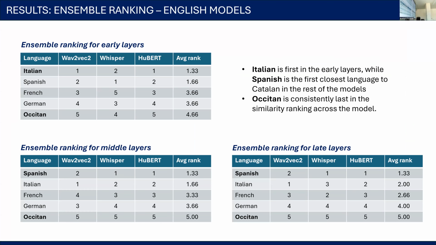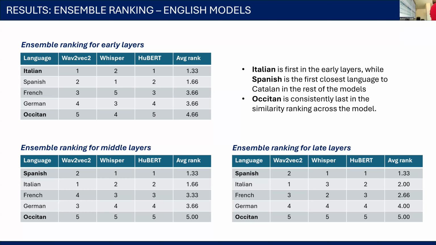So we divide the early layers, middle layers, and late layers. We see that in the early layers, the ensemble ranking between the models for the English models is typically Italian first and Occitan last, with Spanish being a close second, while for the middle layers and the late layers, Spanish and Italian flip, and basically Spanish tends to be first.